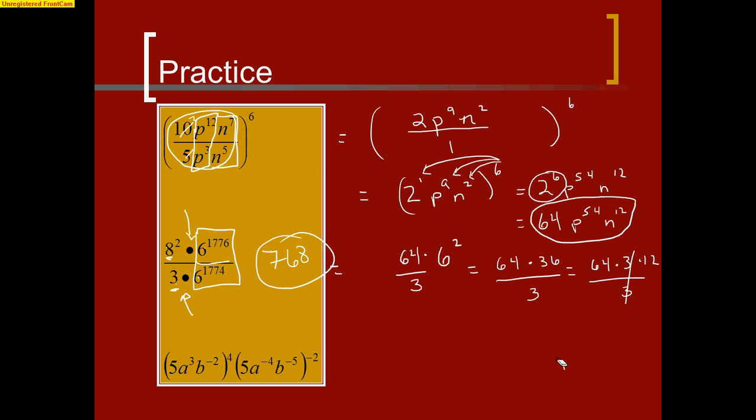So this last one. Again, you have to take care of exponents first before you multiply. There was nothing to simplify. I just have a bunch of different bases and a whole bunch of different exponents.